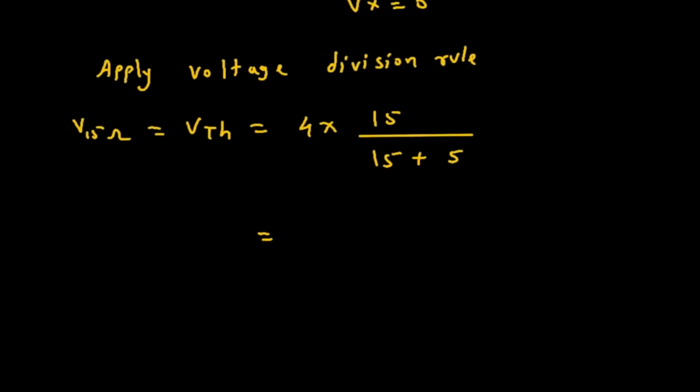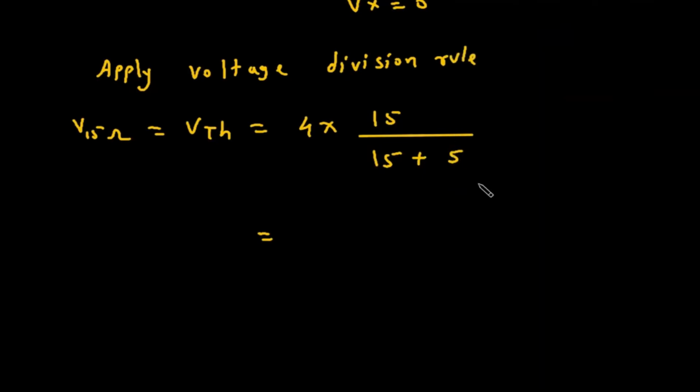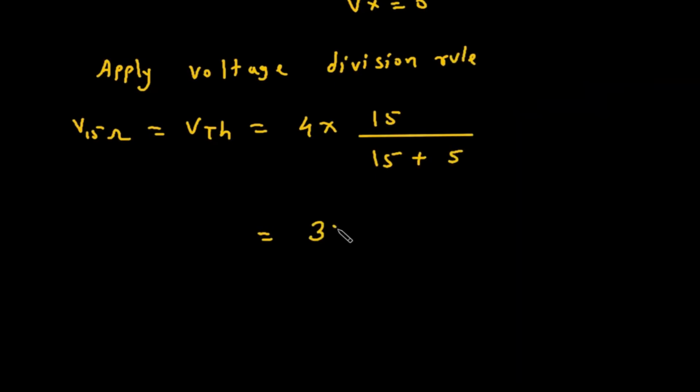So this will be 4 into 15 by 15 plus 5. So it is 3 volt. Therefore, VTH is equal to 3 volt.